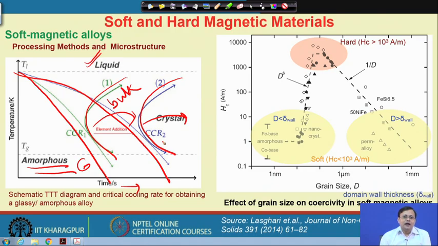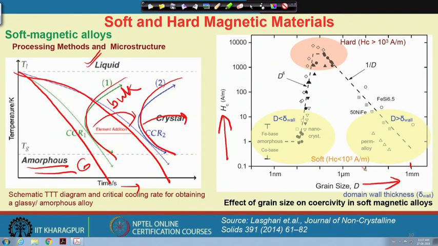Now, the question will arise how fine a microstructure is desired in a soft magnet. Could we make the nanocrystal of alpha iron more and more fine, like 10 nanometer, 2 nanometer, or is it not desired? So, the coercivity value, which is a very important characteristic for a soft magnetic phase, I have plotted here with the grain size.